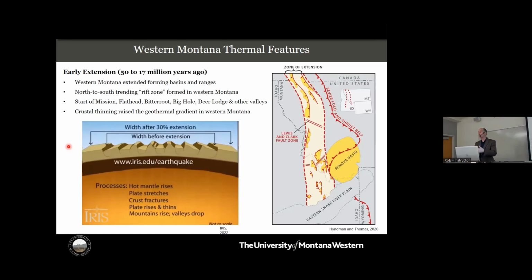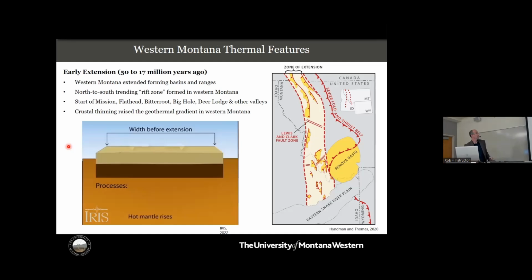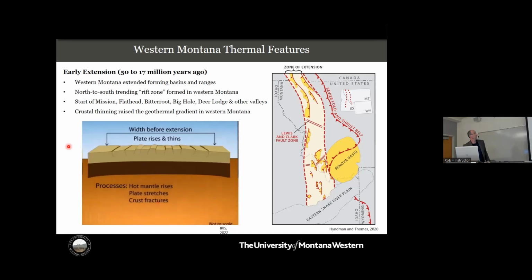So what happens to it? It breaks. And it breaks into blocks that drop and blocks that rise relative to that basin and range topography. There it is. Everybody good? Here, I can do it again. All starting about 50 million years ago.